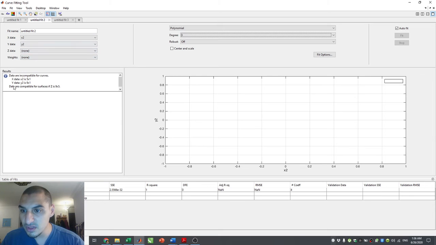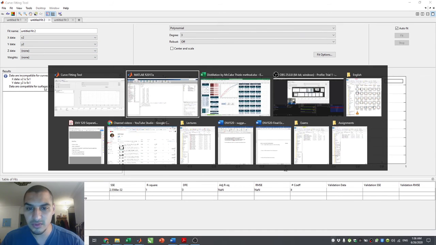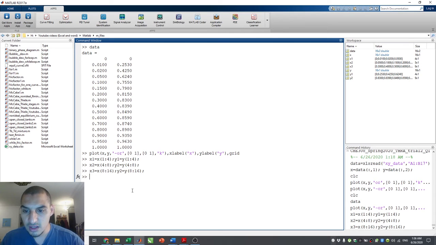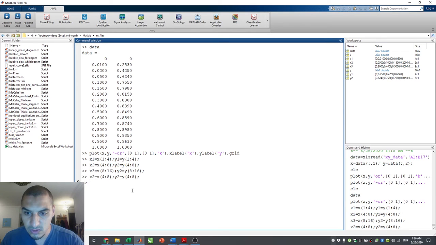It tells me that y2 is 9 by 1 and x2 is 5 by 1, so I think I did something wrong about x2 and y2. I don't know why. I did a big mistake: I made this x3 and y2, and I didn't change this into y3.